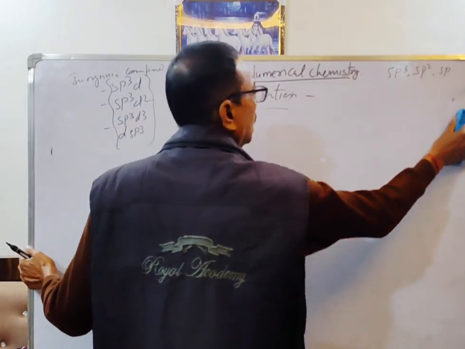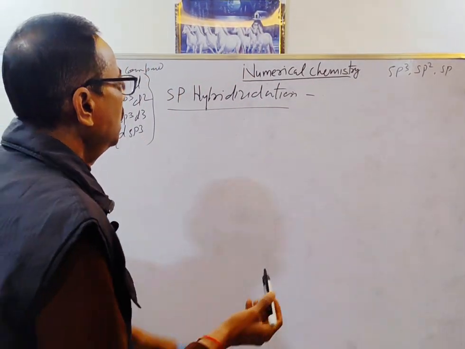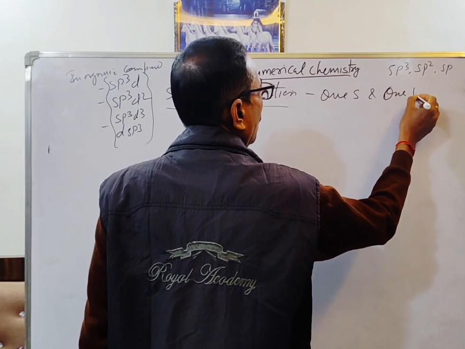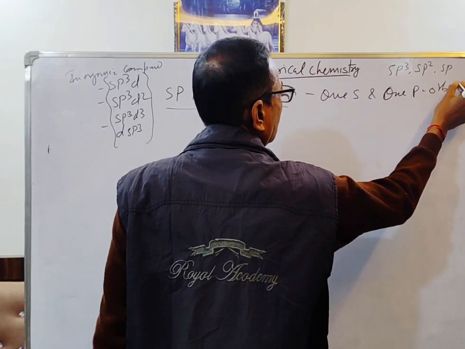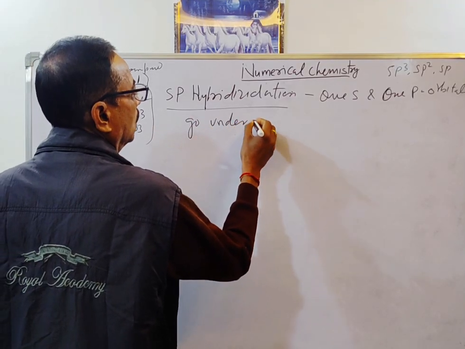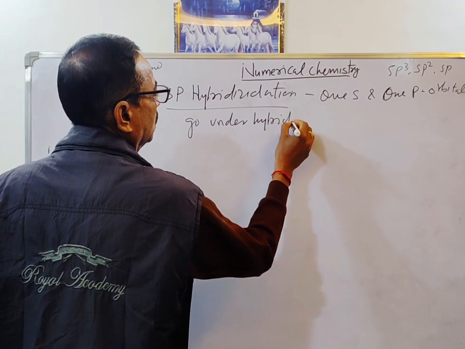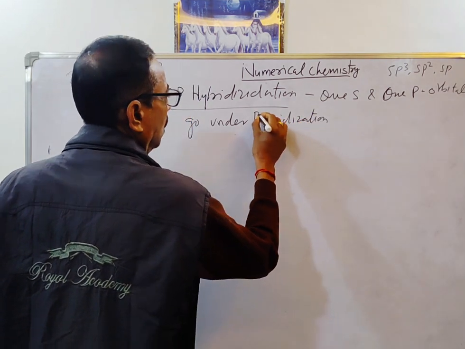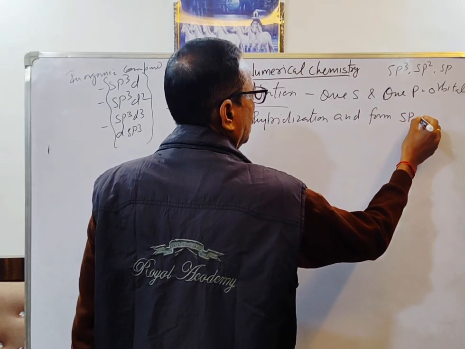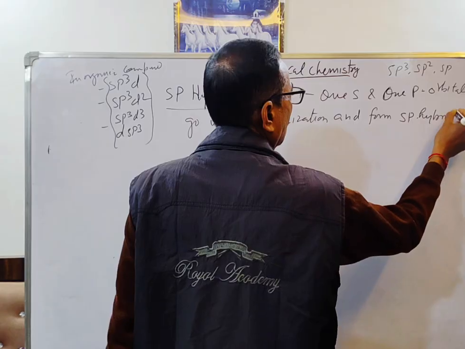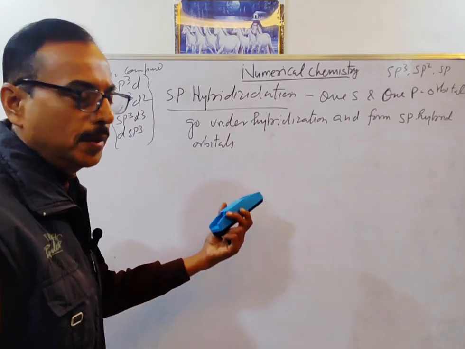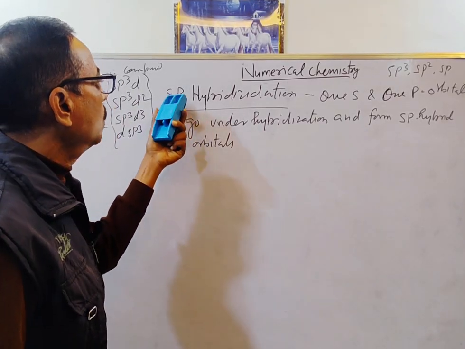So in sp hybridization, as per the definition, 1s and 1p orbitals go under hybridization and form sp hybrid orbitals. So how many orbitals? 2. 1s, 1p.